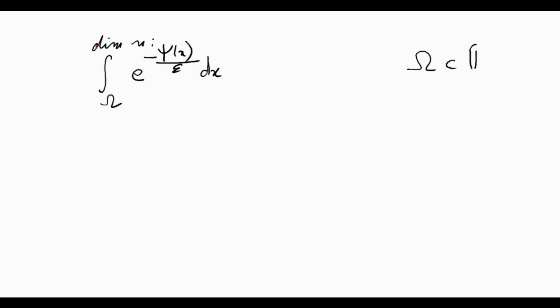This can also be done on a Riemannian manifold. So basically what we have seen from dimension 1, what is important is the place of the minimum of psi, but in higher dimension, those places can be very complicated.